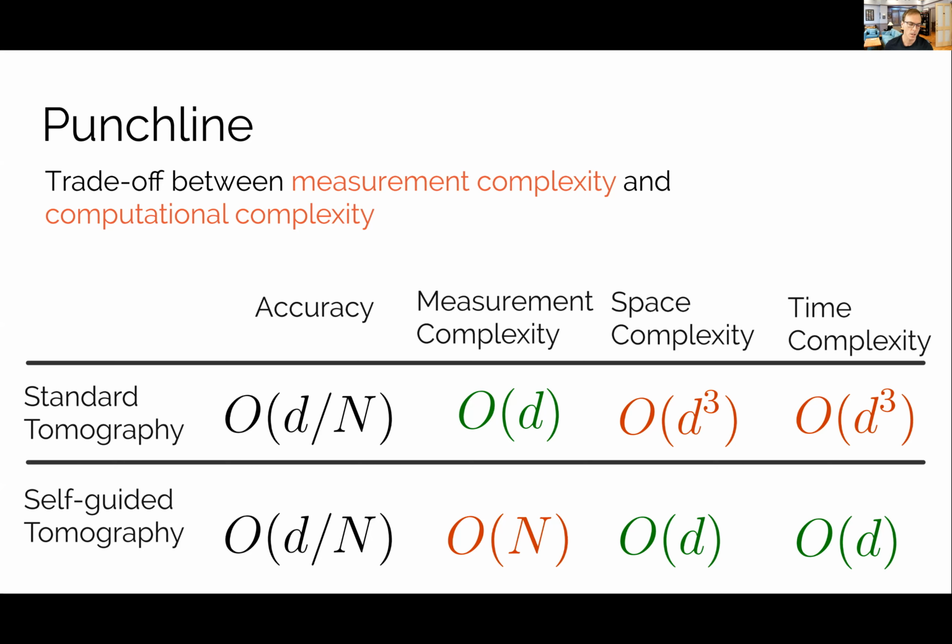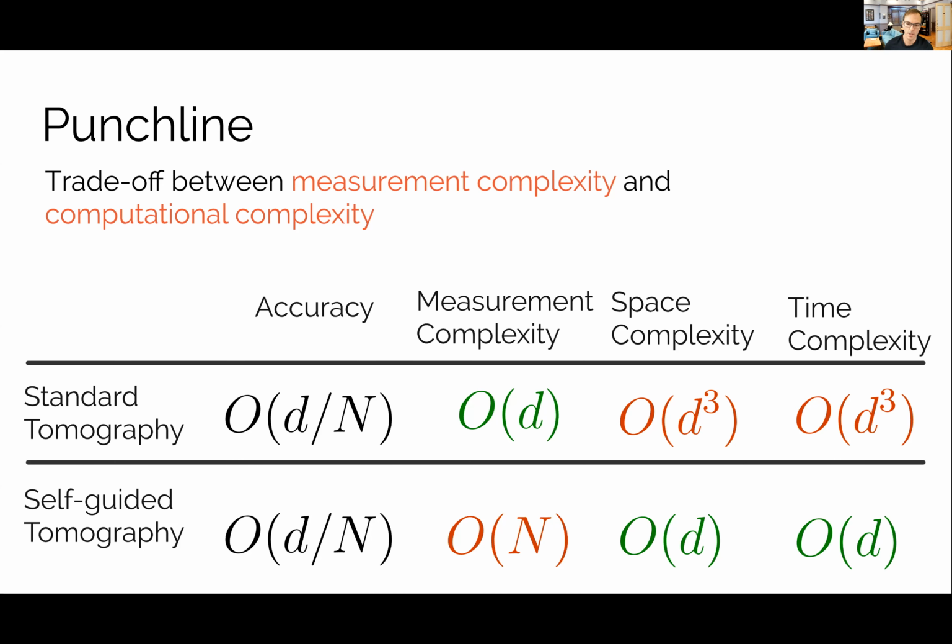So this isn't full density matrix tomography. For this table, if I'm doing pure state tomography, then I need 2D minus 2 real numbers to specify a pure state, and I'll need on the order of D different measurements, POVMs or projection measurements, to completely specify all of those entries in the quantum state.